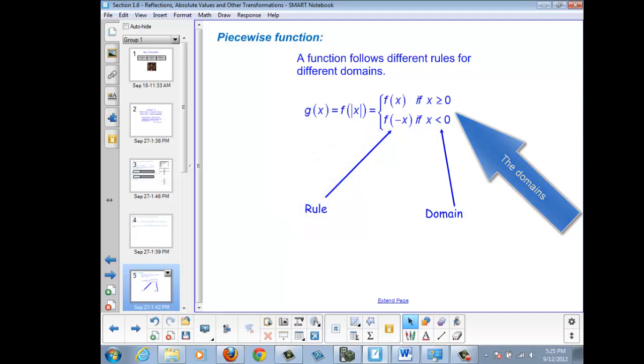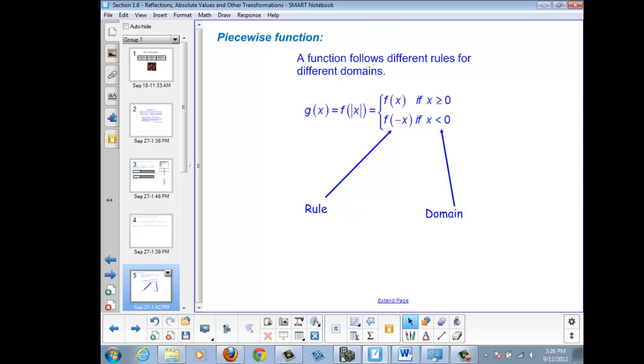So in the case of the absolute value, if we're given a function f of the absolute value of x, we would use x in the function if x is positive or greater than or equal to 0. However, if x is a negative value, then for the equation, we would replace every x with the negative of x.